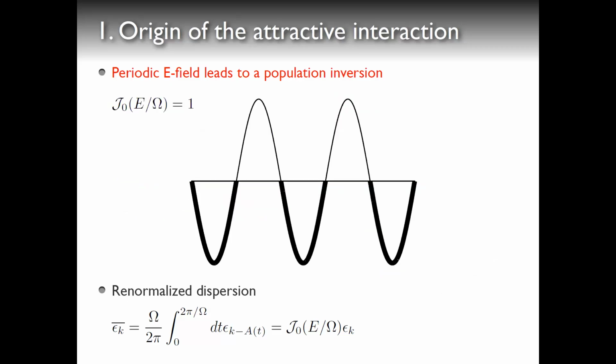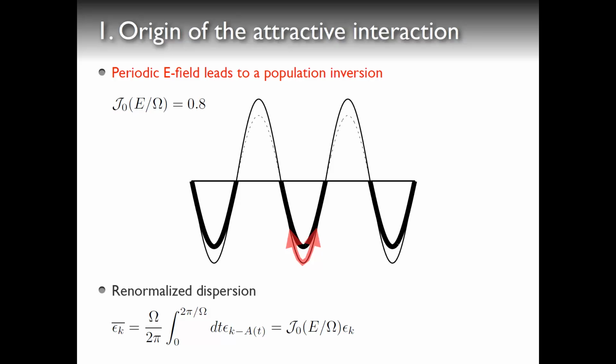So let's illustrate this with a very simple sketch. So this is our half-field cosine band of the initial equilibrium state. Now, if we come in with the AC field, we start to wiggle electrons back and forth within this band. And by time averaging, we see that the band will be renormalized a little bit. And that's the renormalization factor by this Bessel function here.